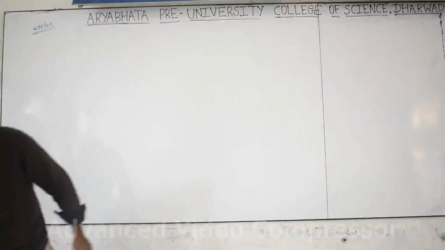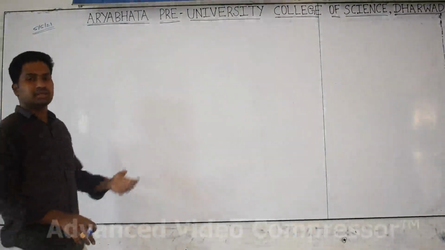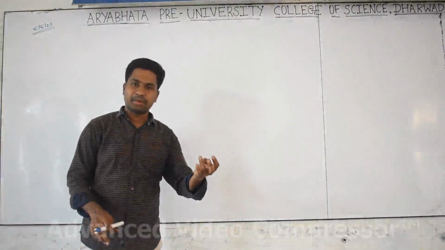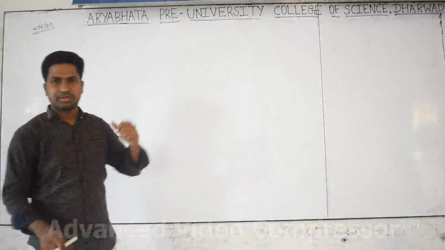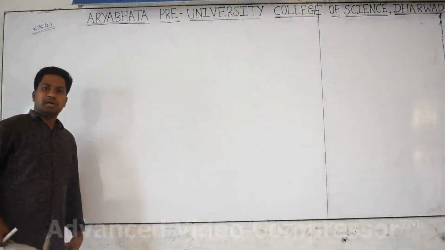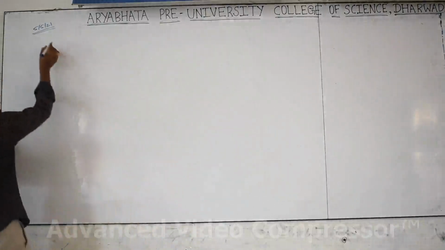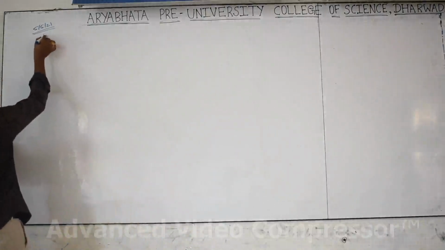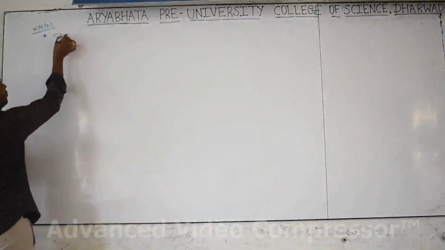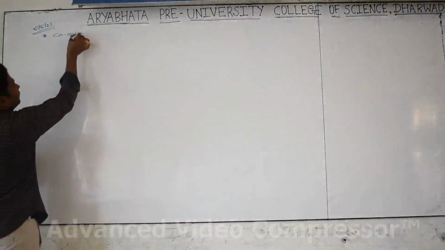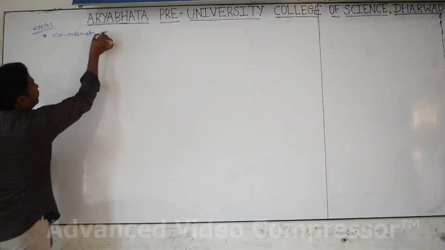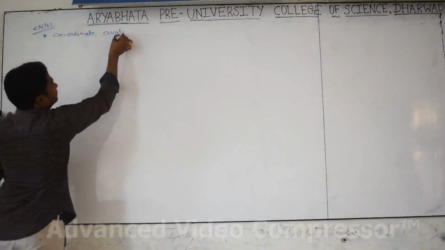See, one more small concept. Already we discussed the ionic bond and covalent bond and their properties and everything. Now we are discussing the coordinate covalent bond, a very important chemical bond.